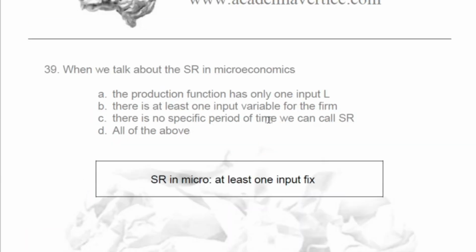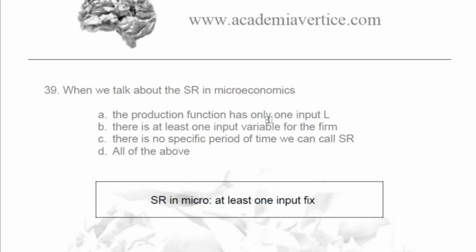Then 39. When we talk about the short run in micro, the production function has only one input L. That's not true. Be careful. We usually consider 2 inputs. Then when we fix one input, normally it is K, we only have one variable input.